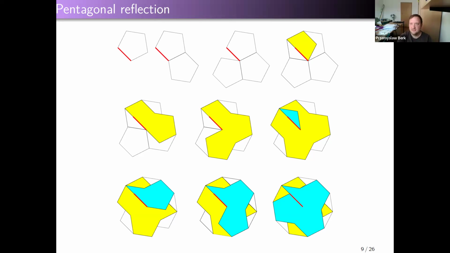Do we worry? No, we don't worry. We just reflect further. We get another layer, and until we are doing the third layer, we go back to our initial position, and we recover the position of our initial interval.